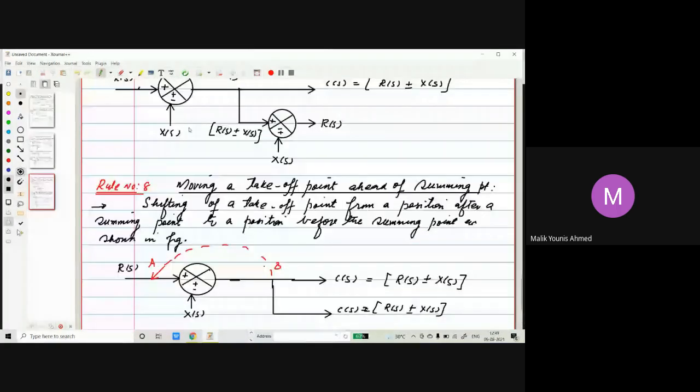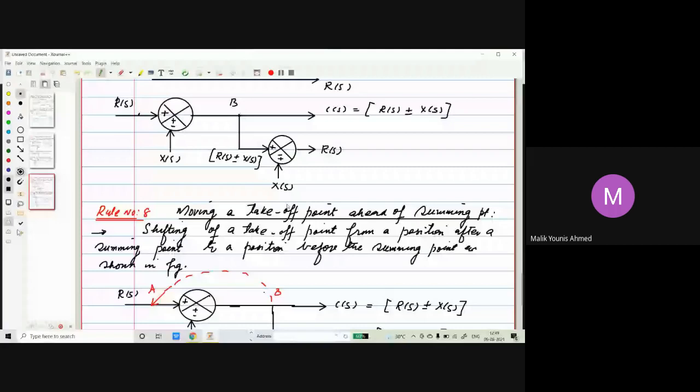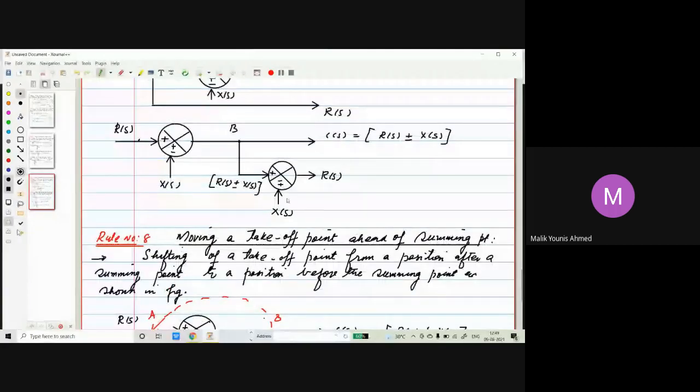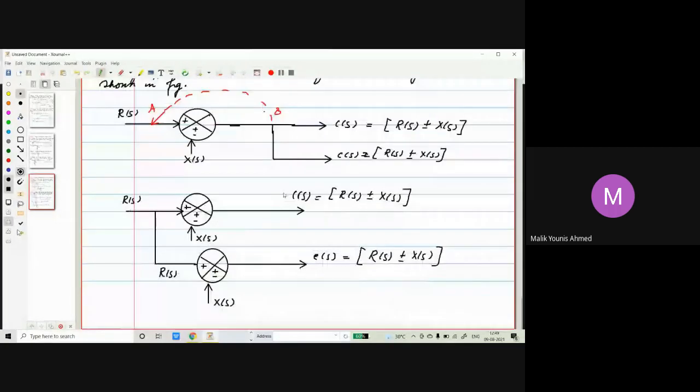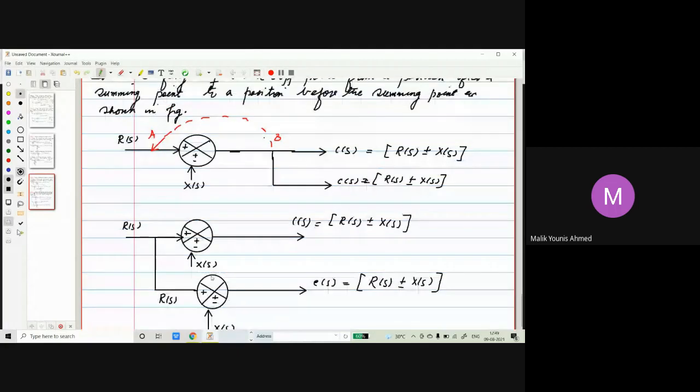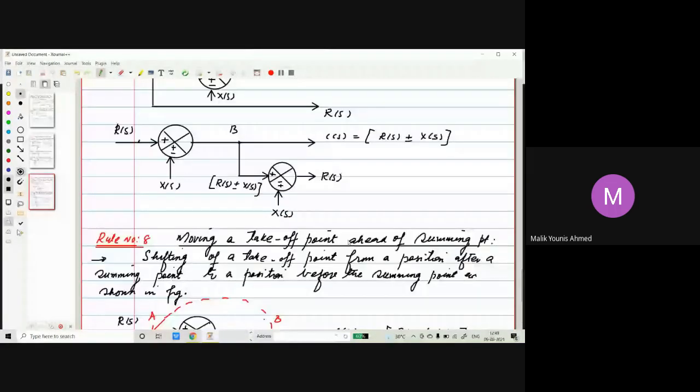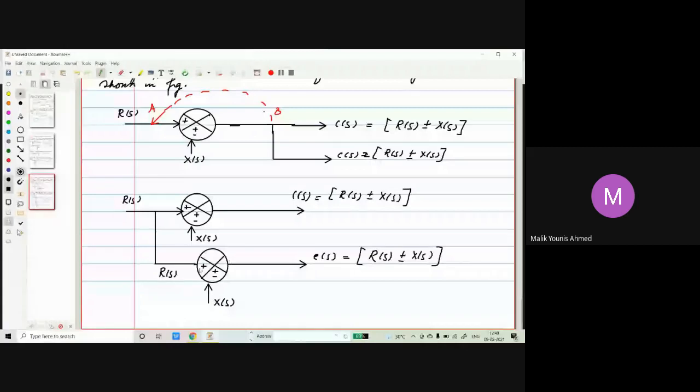The value is X of S here, and the value here is X of S. So that means we have to move this summing point plus minus, and that will be here plus minus. But in the previous we had minus plus. So only the difference of signal is there, that instead of plus minus plus we will have again the same signal, that is plus minus.